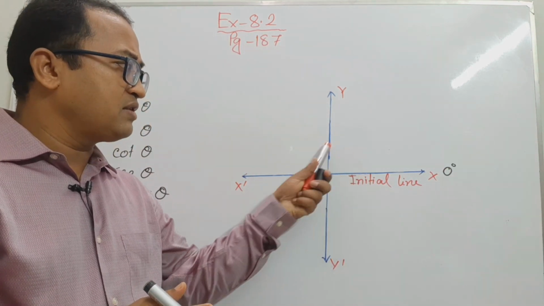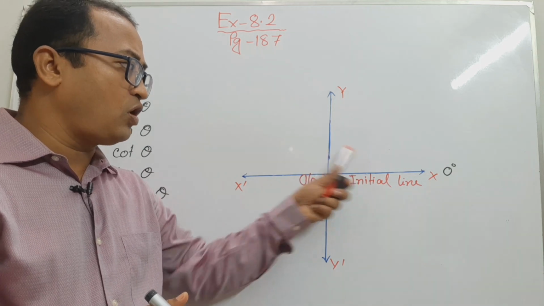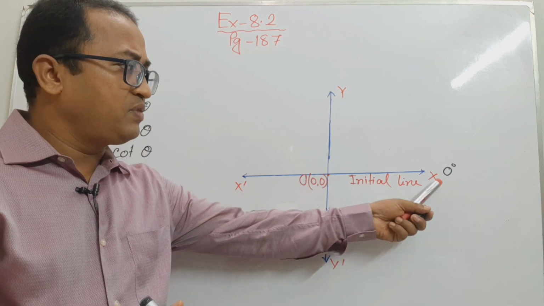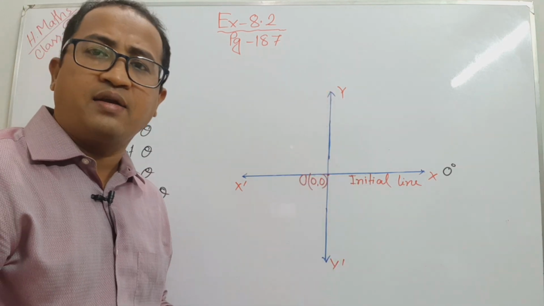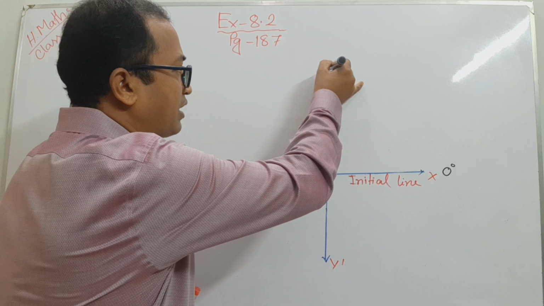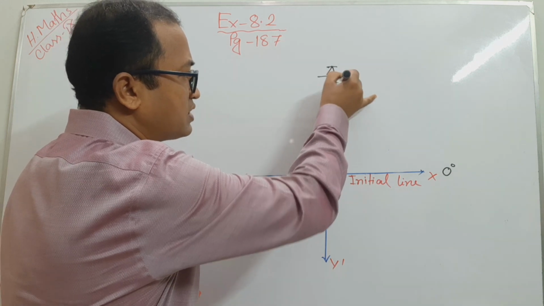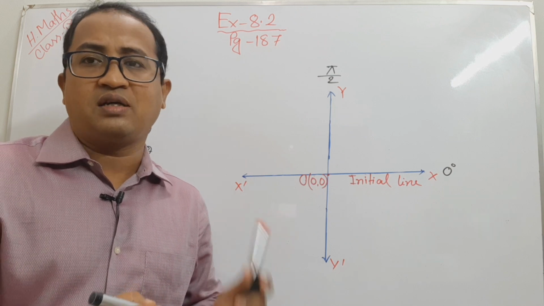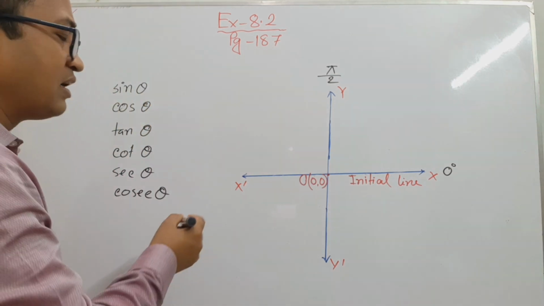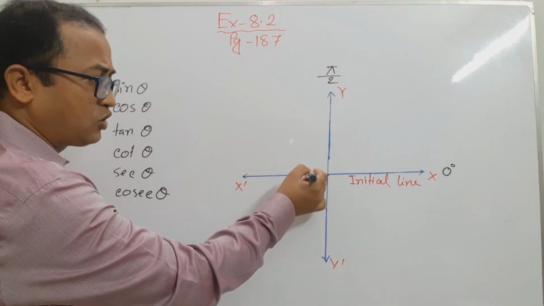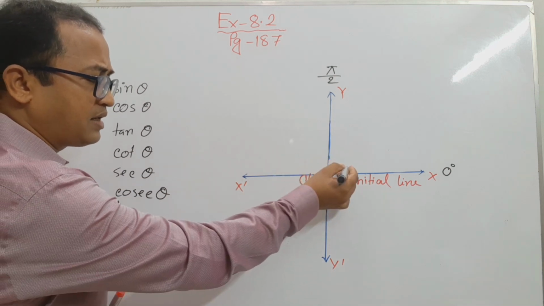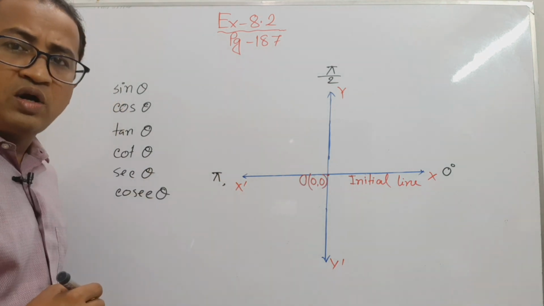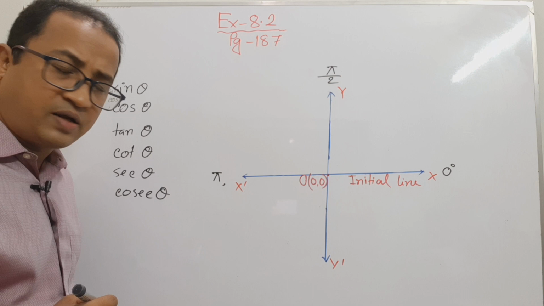But look, this is 90 degree, since each part of this is 90 degree. Here 90 degree we can write as pi by 2, since pi radian is equal to 180 degree. So 180 by 2 is 90 degree. Similarly, after more 90 degree, it is 180 degree, which we can write as pi.